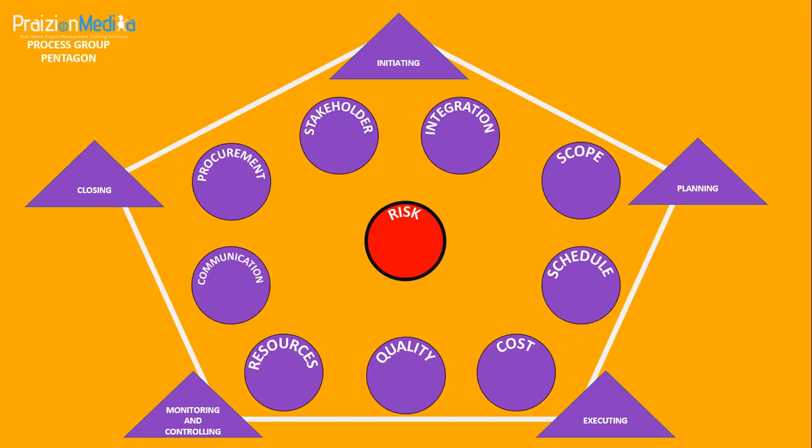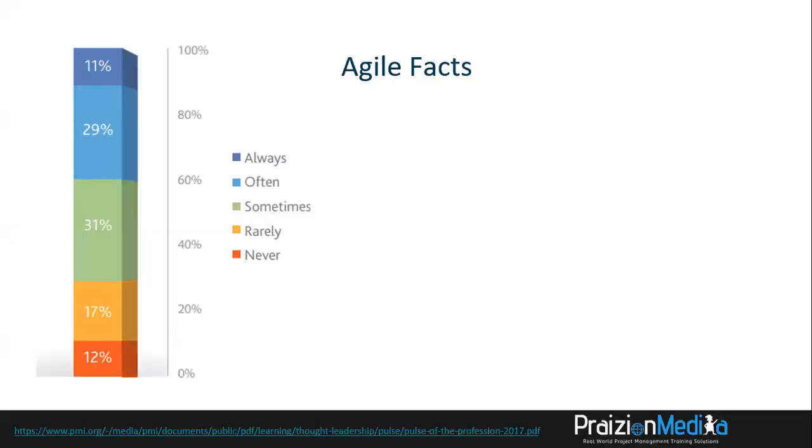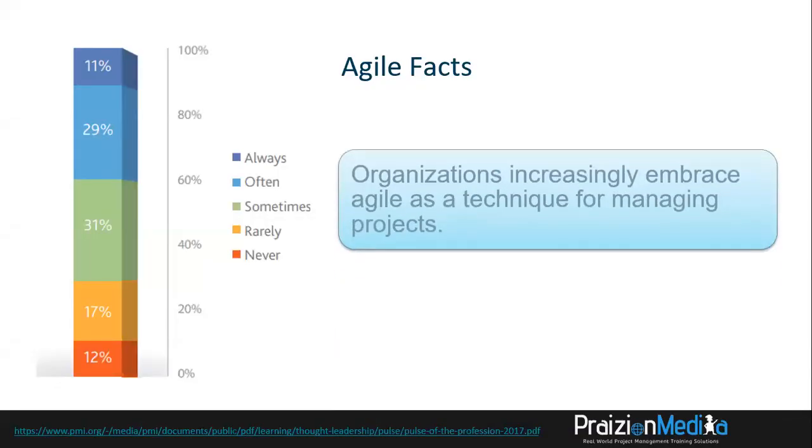The world of Agile runs a little bit differently, to put it politely. It is wildly different. And you could ask the question, why Agile? Well, in this survey, you can see that of the companies that were surveyed, roughly 70 plus percent said they use Agile always, often, sometimes, or rarely.